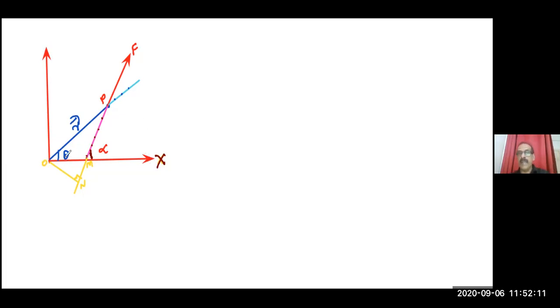Let force F make an angle alpha with x-axis. Position vector R makes an angle theta with x-axis. Angle between R and F is phi.